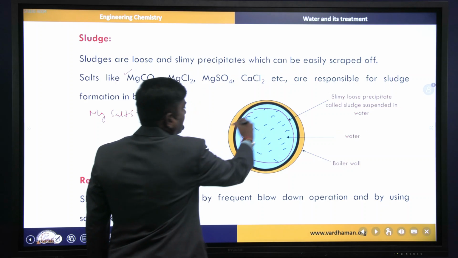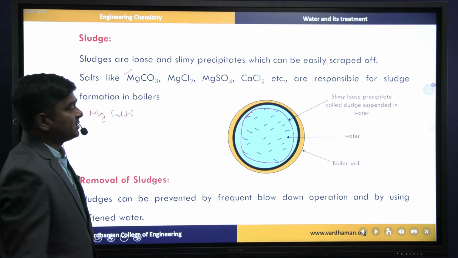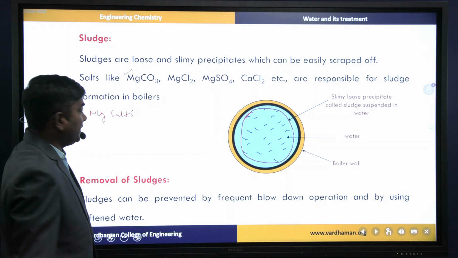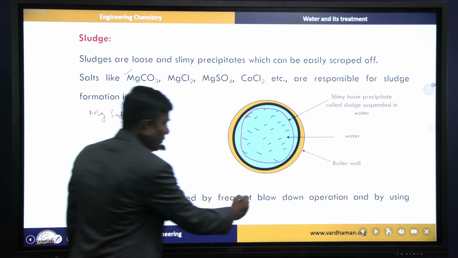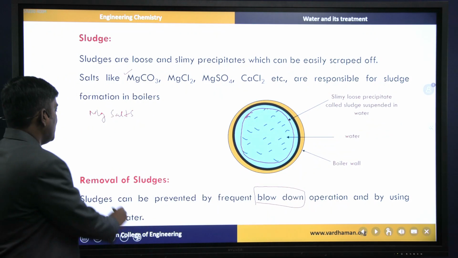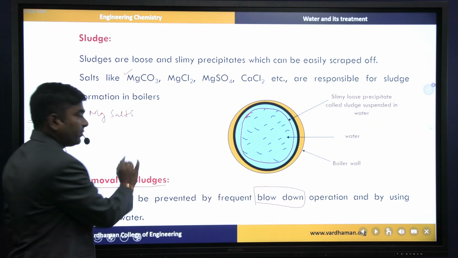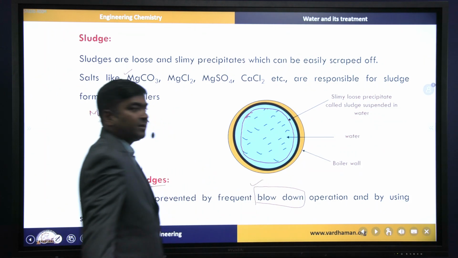So here you can observe the precipitates. A loose slimy precipitate is called what? Sludges. These sludges can be removed by a simple blow down operation. What is the blow down operation?